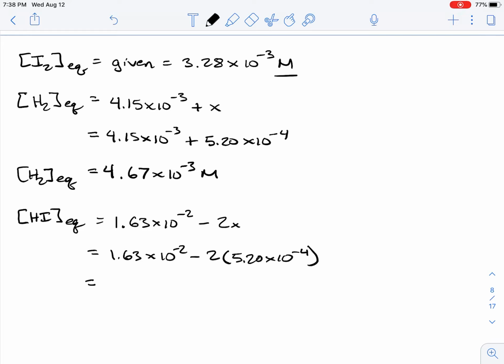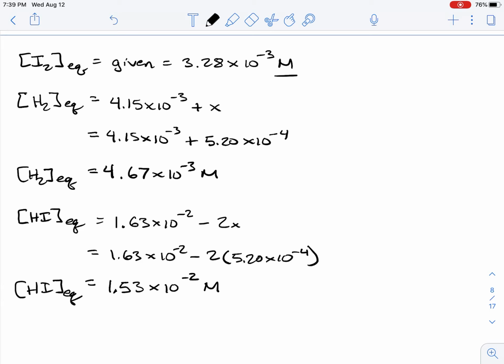So I'm going to go ahead and plug this into my calculator. So 1.63 times 10 to the negative 2 minus 2 times 5.20 times 10 to the negative 4. And what I get here is 1.53, if I round to the correct number of sig figs, times 10 to the negative 2 molar. Okay, so this is going to be my equilibrium concentration for HI.